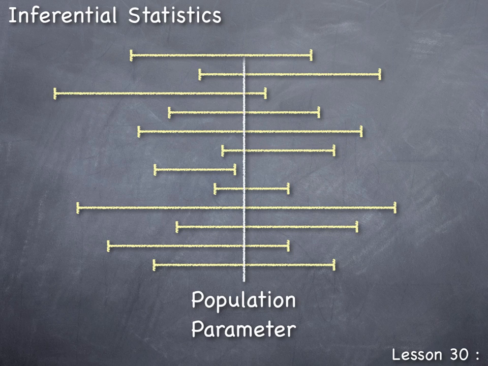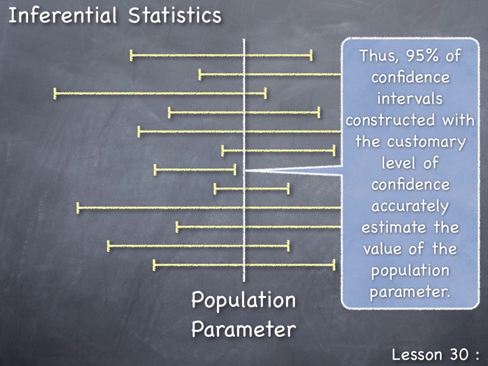It's the target that each of these confidence intervals is trying to hit. So when we say that a confidence interval is accurate 1 minus alpha times 100% of the time, we mean that each time we construct one of our confidence intervals, it has this 1 minus alpha times 100% probability of hitting its target. That is, having the actual population parameter be contained within the interval.